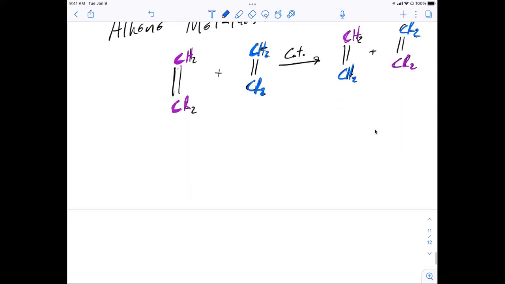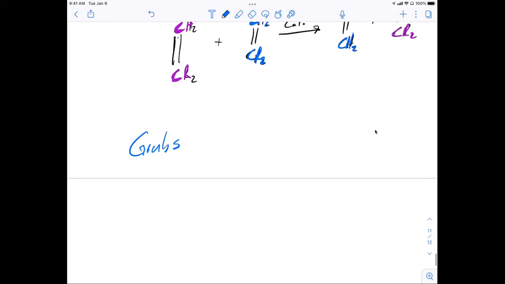Your two main catalysts for this are the Grubbs. That's a ruthenium catalyst. Oh, shoot. I forgot the other one.